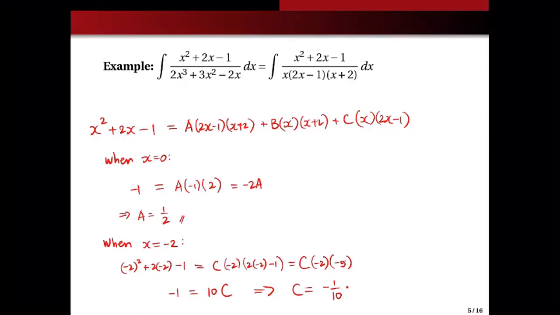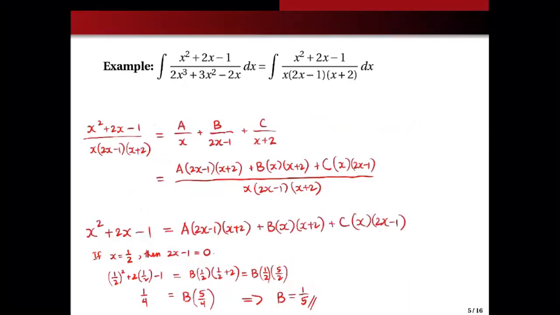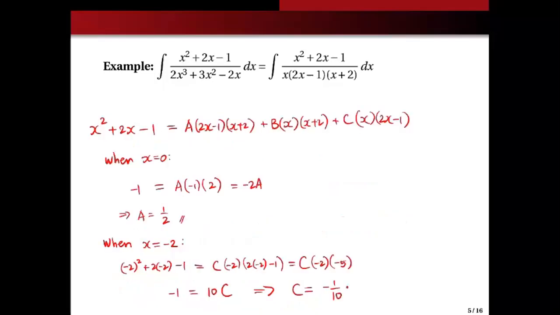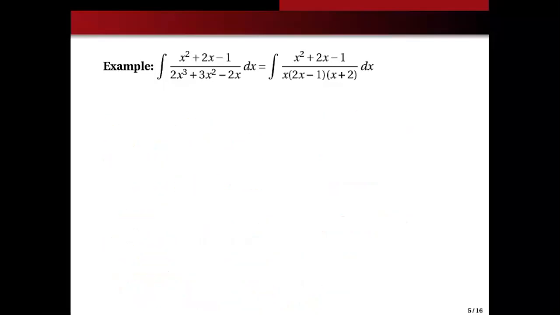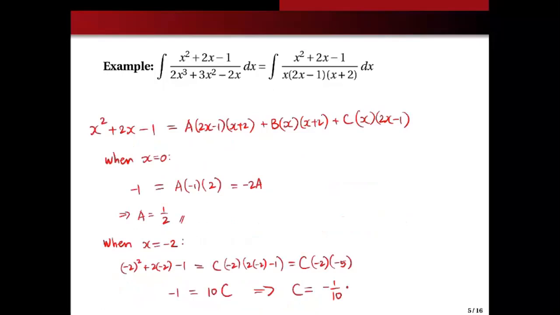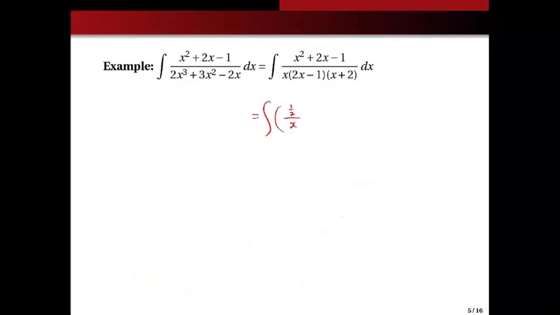So, from here, we can now rewrite this. We use this, and we will replace now the values for A, B, and C in here. So, this guy here is just equal to the integral. A was 1/2, so you have 1/2 over x.